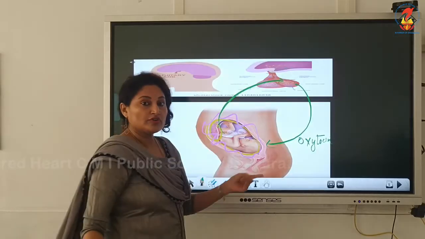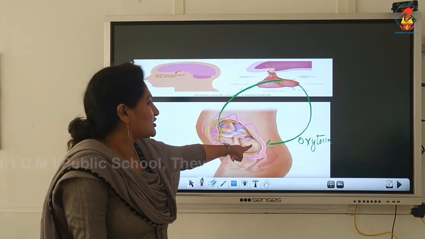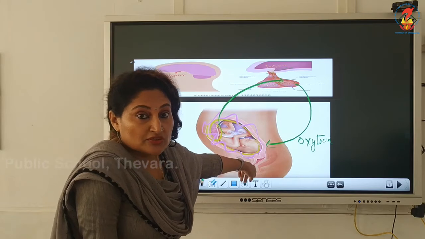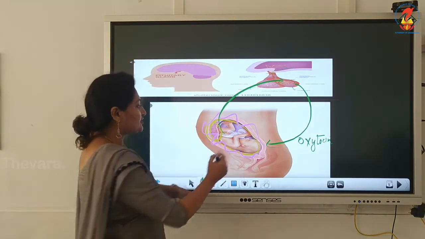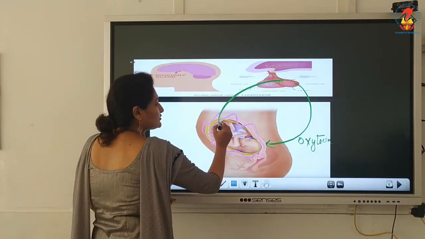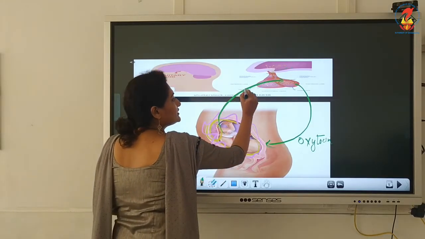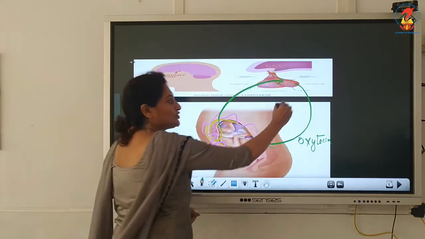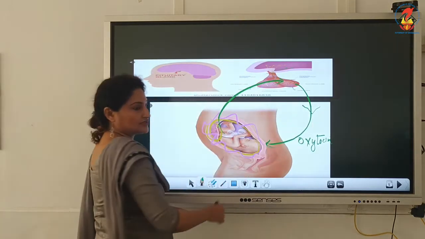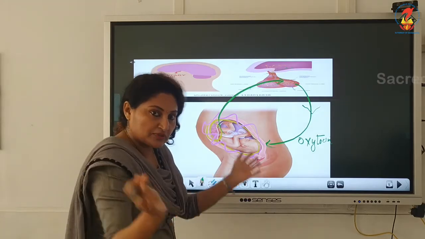Now, what is the role of the oxytocin? The oxytocin acts on the myometrium and causes further contraction. Now, what happens when the uterine muscle contracts? This will further trigger the posterior pituitary. Then the posterior pituitary again secretes oxytocin. Then when oxytocin is released, the myometrium contracts.